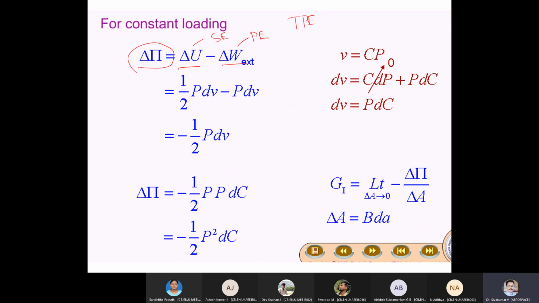Probably in your plus 2 you might have learned. Total potential energy is nothing but the sum of the strain energy plus potential energy. That's a TPE. That's a pi. Okay? Don't confuse. Both are potential energy only, but this is total potential energy. When you talk about pi, total potential energy. When you talk about W, it is the potential energy. This is strain energy.